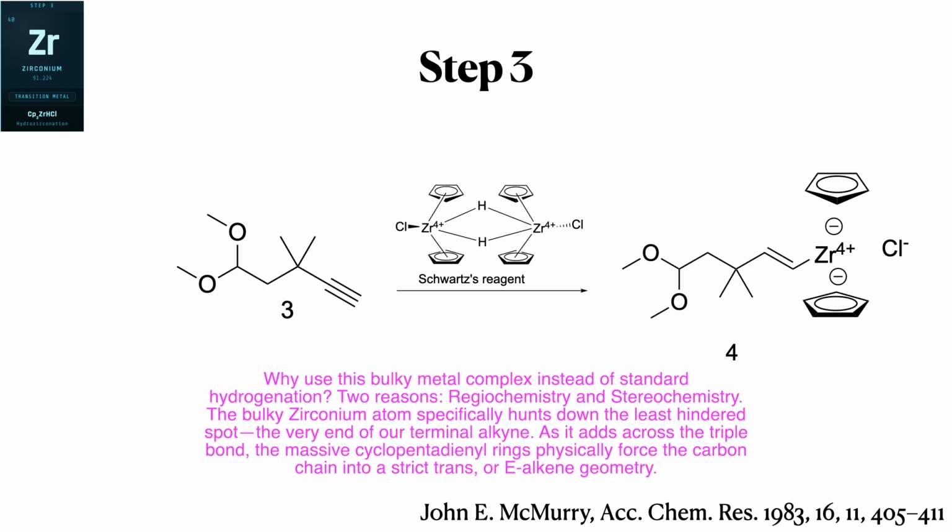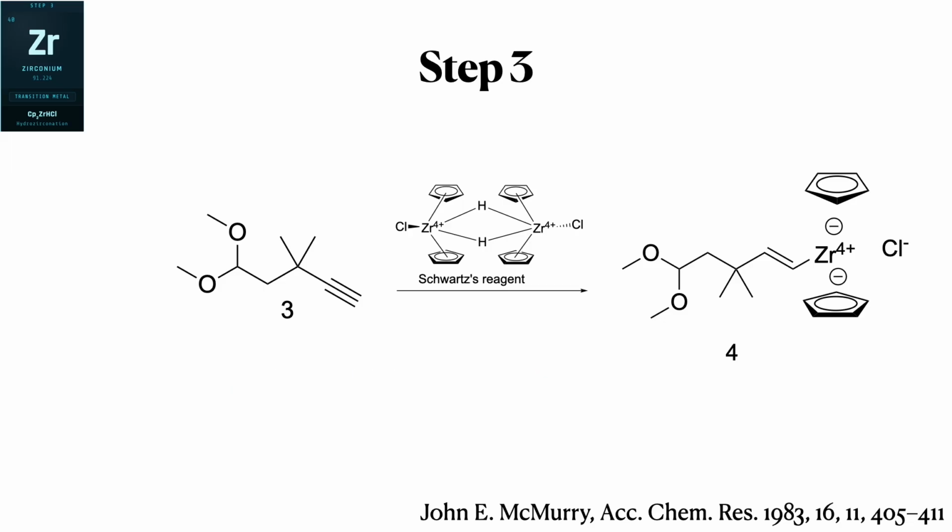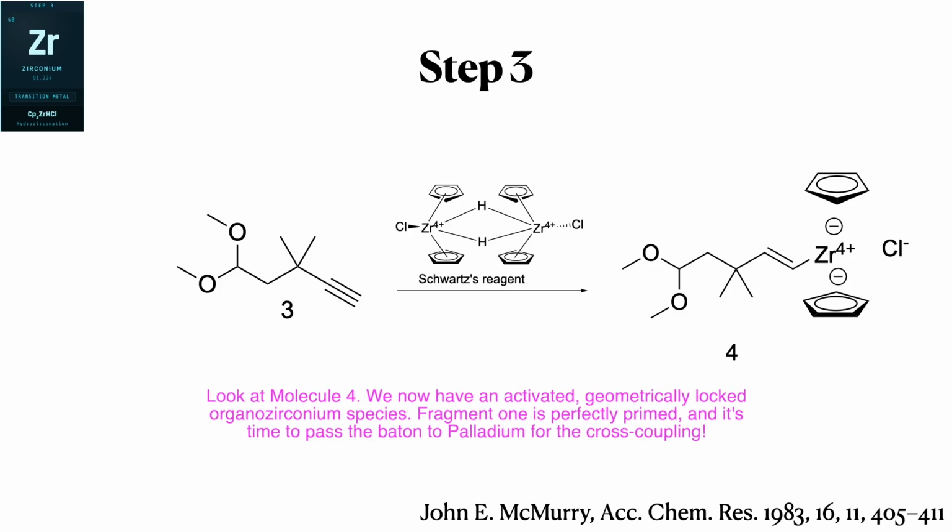The massive cyclopentadienyl rings physically force the carbon chain into a strict trans or E alkene geometry. Look at the molecule. We now have an activated, geometrically locked organozirconium species. Fragment 1 is perfectly primed, and it's time to pass the baton to palladium for the cross-coupling.